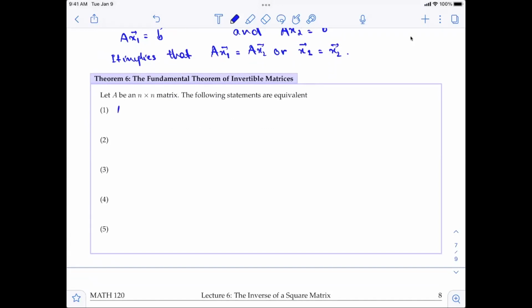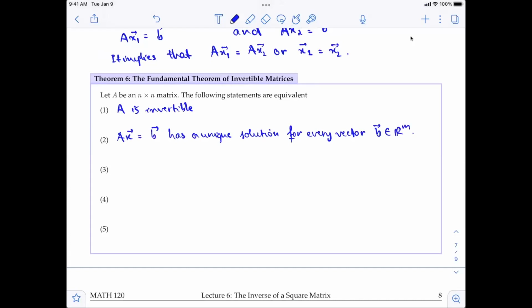Okay, so the following statements are equivalent. The first statement is A is invertible. So if A is invertible, then AX equal to B has a unique solution for every vector B in Rn in this case.